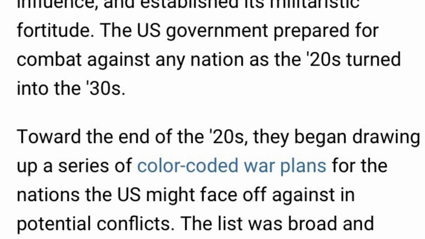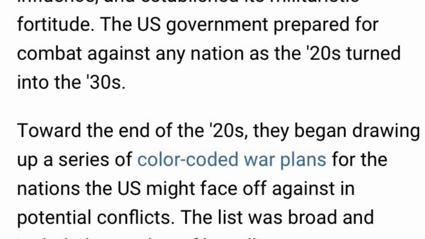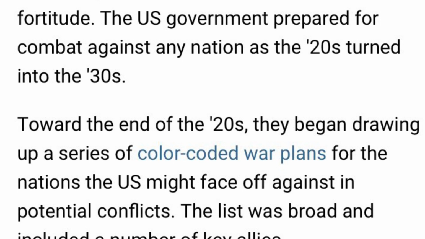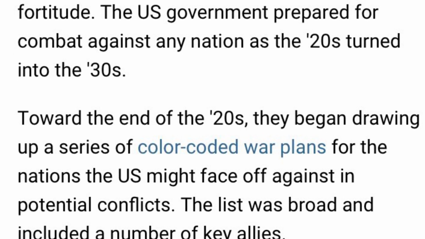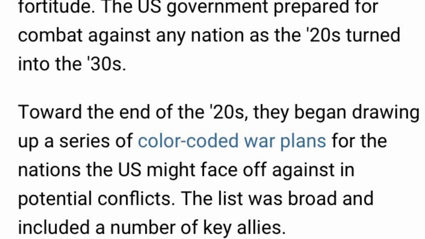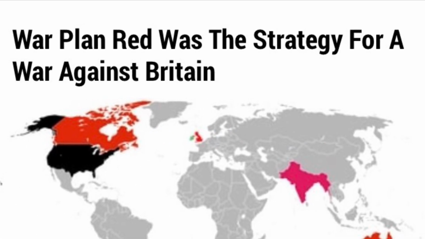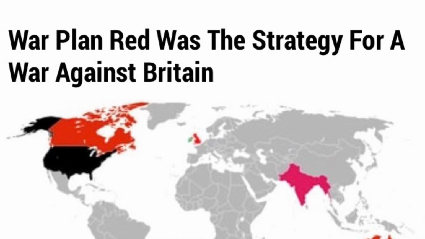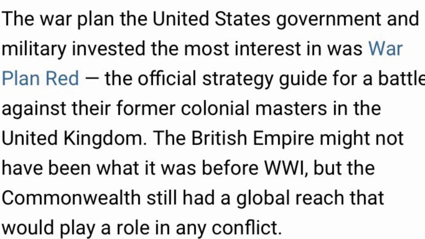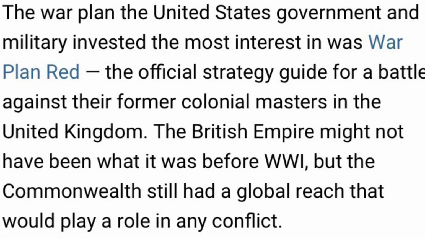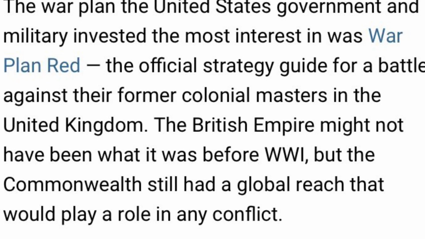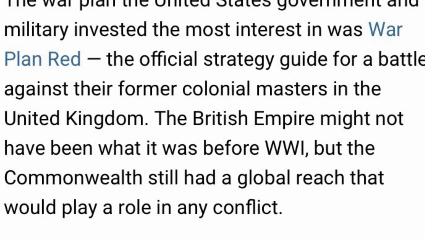The list was broad and included a number of key allies. War Plan Red was the strategy for a war against Britain. In the war plan, the United States government and military invested the most interest in the United Kingdom.